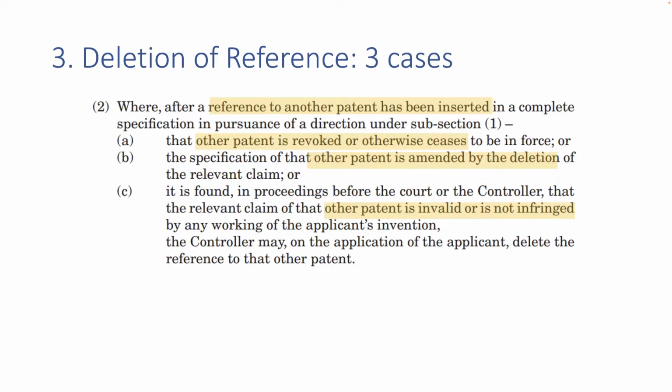So you could file a declaration saying that what I'm doing is completely different from this patent, and get a declaration saying that you are not infringing. So if there is a declaration of non-infringement, that is what they are referring to here under section 105, then you could again go back to the controller and say that remove or delete the reference. So these are the three cases where you could delete the reference to that other patent.